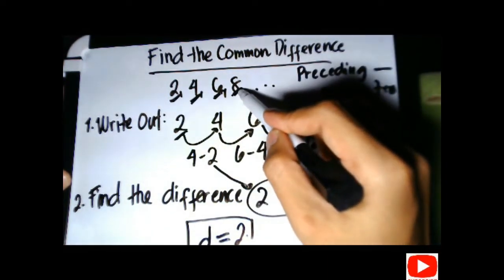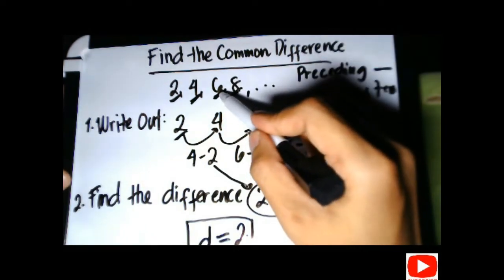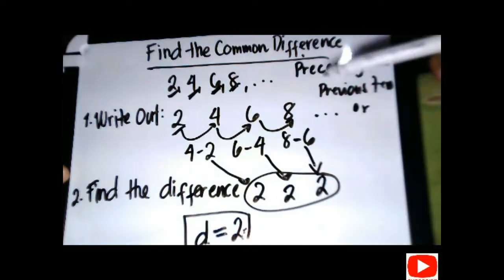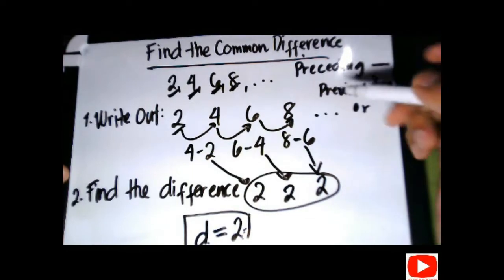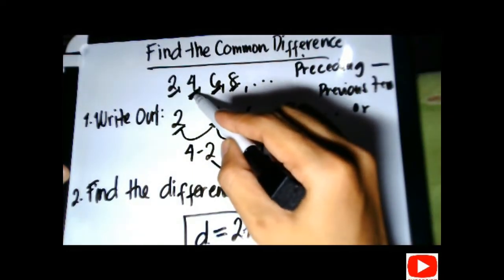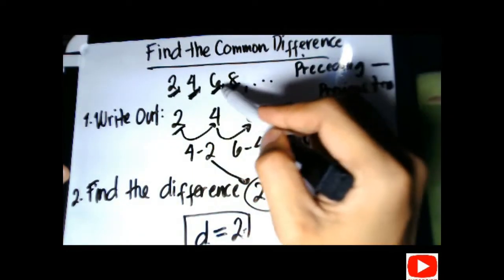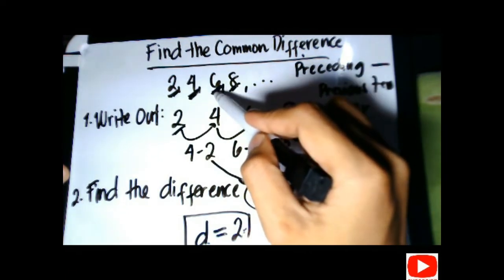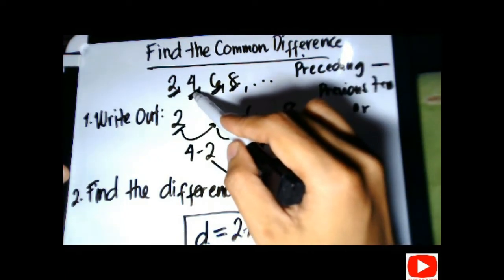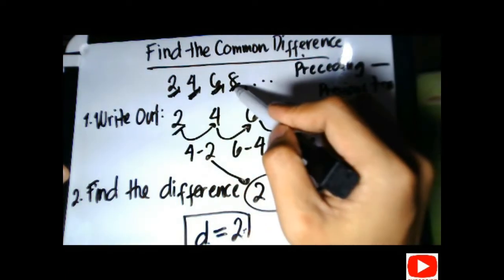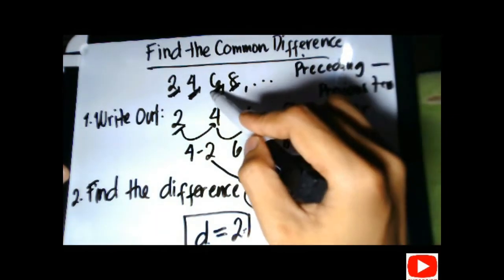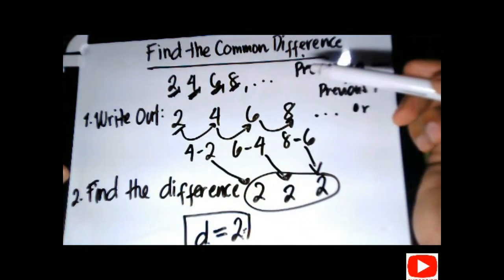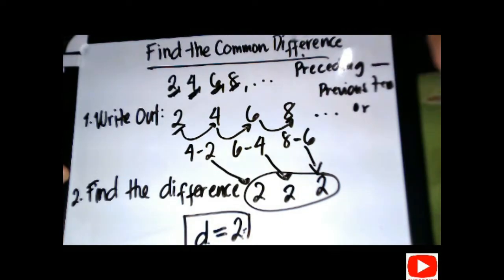Preceding term 8 minus previous term 6, that is 2. Or the second term minus the first term. The third term minus the second term. The fourth term minus the third term, and so on. And that's the way how you get the common difference. Therefore, the common difference is 2.